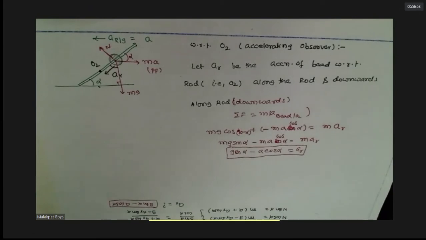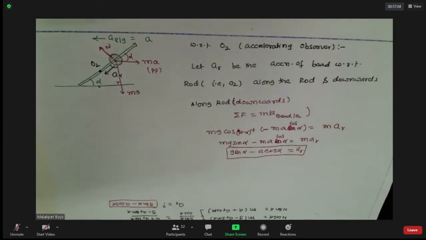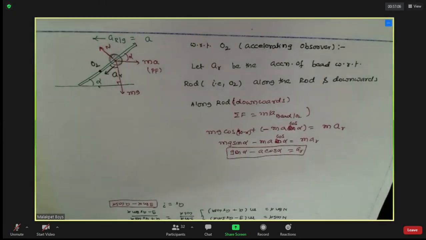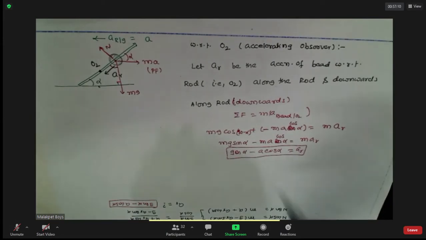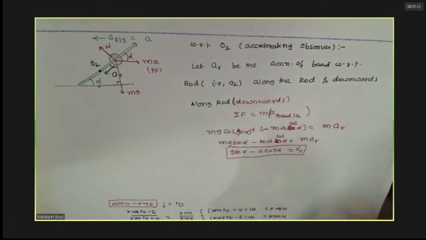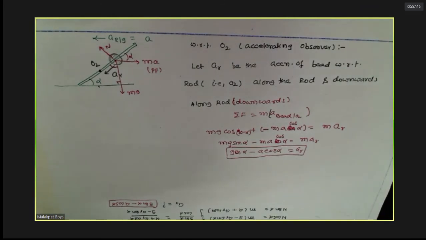Now this is easier compared to that. Yes, sir. So that's the reason why I'm saying it depends upon the situation. You can consider pseudo force or you need not consider pseudo force. Understood what I mean to say? Yes, sir.